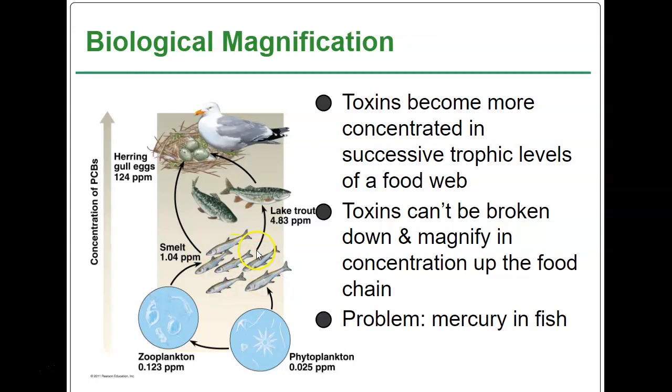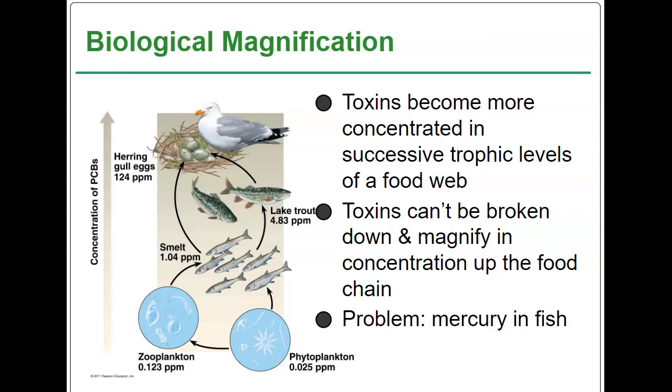So now they're built up with toxins, and then trout come along and eat those that are filled with toxins and so on. So it actually ends up concentrating the amount of toxins in these organisms. And if you get to the higher trophic levels, then they're getting the highest concentration of those toxins. And we can't break them down, and it doesn't go away.